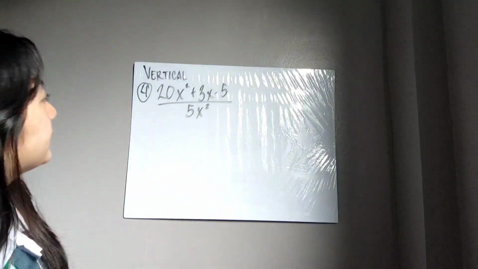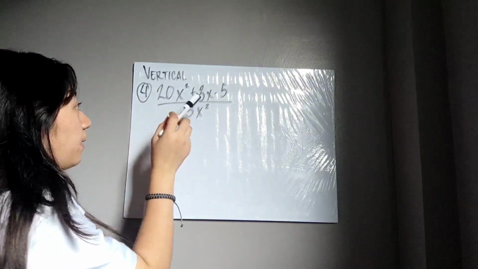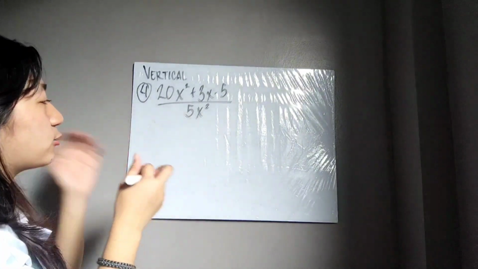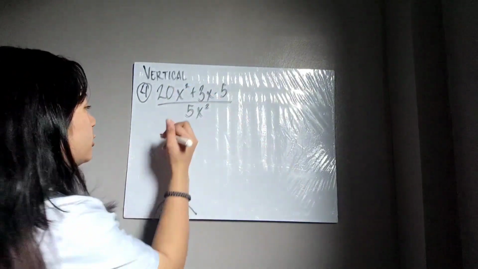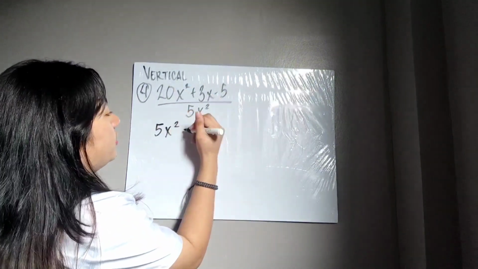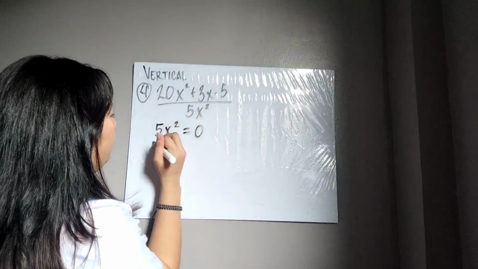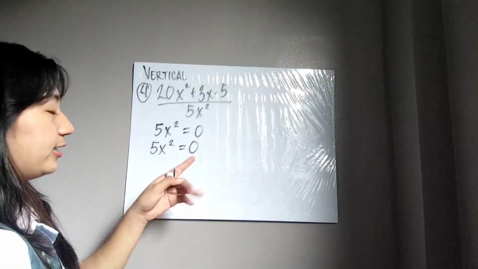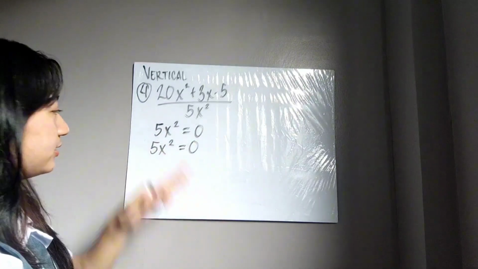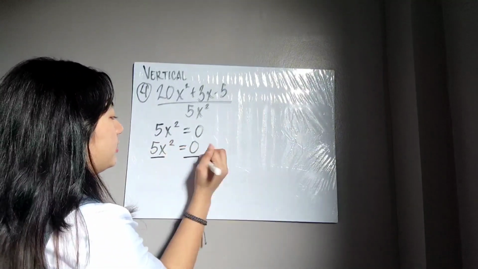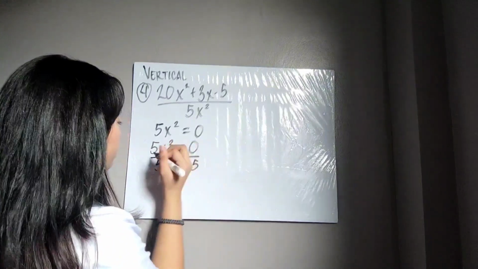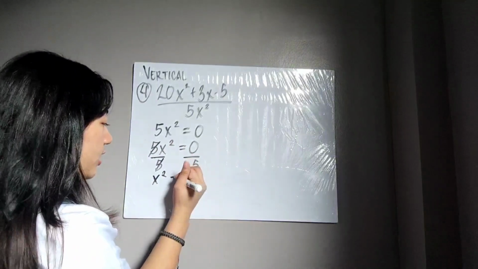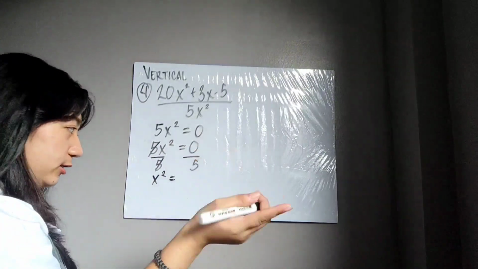Last example is (20x squared plus 3x minus 5) over 5x squared. Solve natin yung denominator. 5x squared is equal to 0. Dahil wala namang number, mag-i-stay si 0. And ang goal natin is matanggal si 5 para matira si x. So, divide natin into 5. X squared matitira and 0 over 5 is 0.